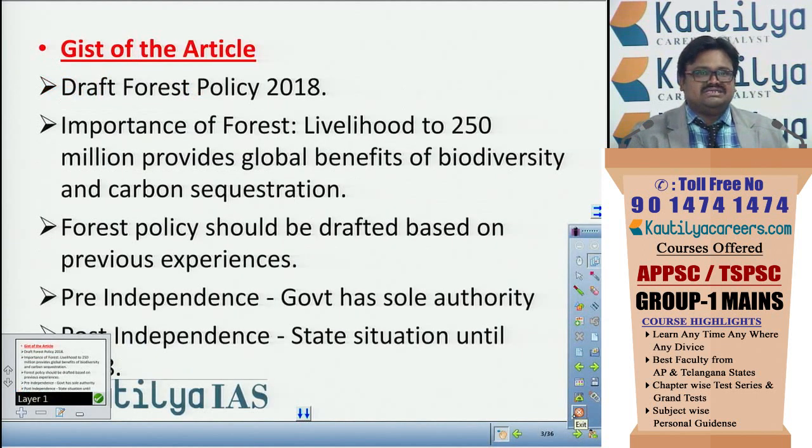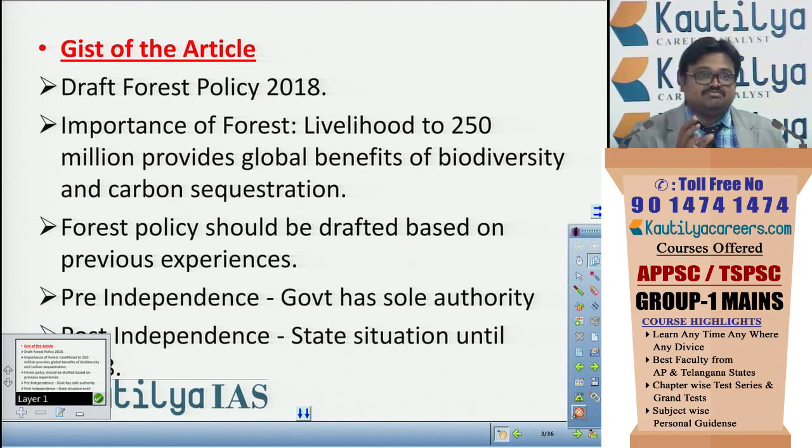Now, what is the gist of the article? What is the article talking about? As I have already told you, the article is talking about the new draft policy. If you look at the importance of forests, you find that forests do play a very important role. Let us look at a few important points related to forests. The first one is forests provide livelihood. In India, forests provide livelihood to 250 million people.